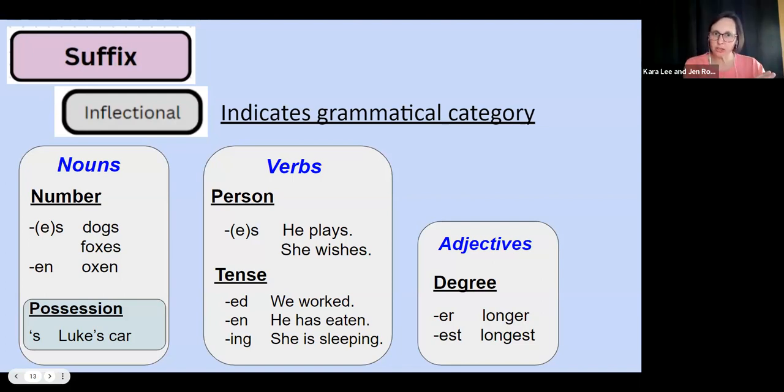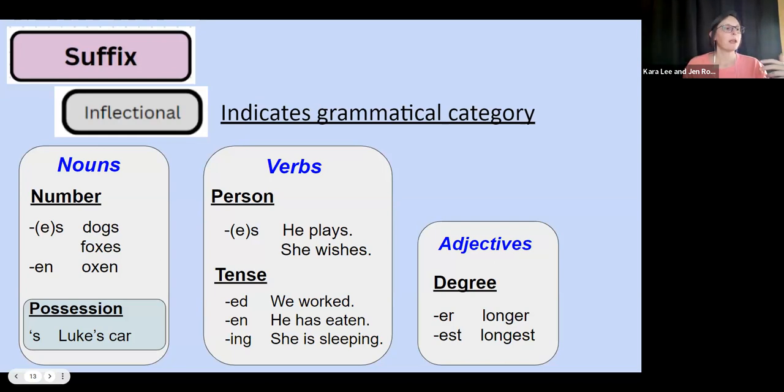I have a dog. She has 3 dogs. When I added a suffix to dog to make dogs, I didn't make it a verb. I didn't make it some other part of speech. I'm indicating to you that the grammatical category in that particular case was noun, right? It's indicating something about its number.